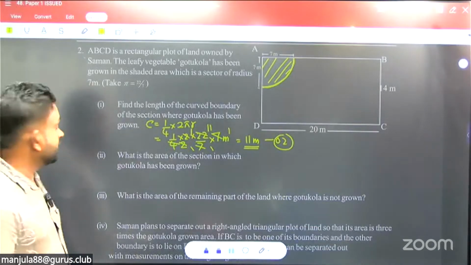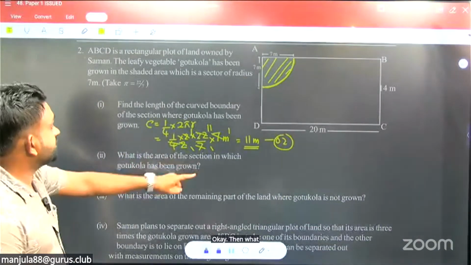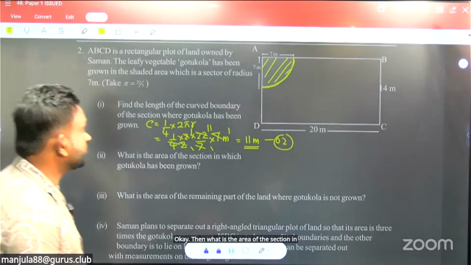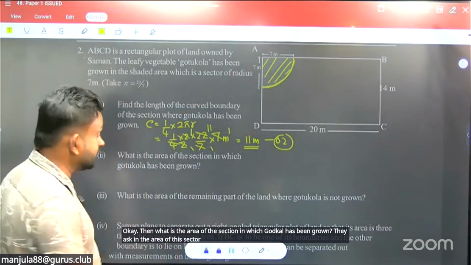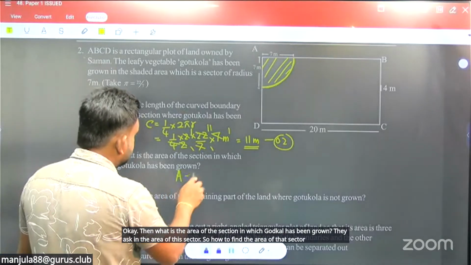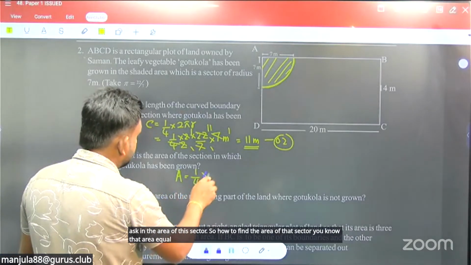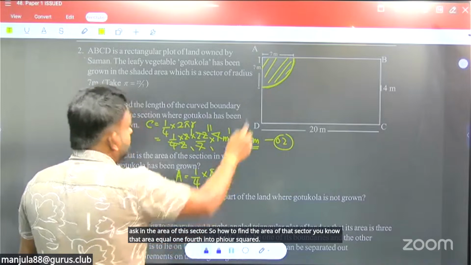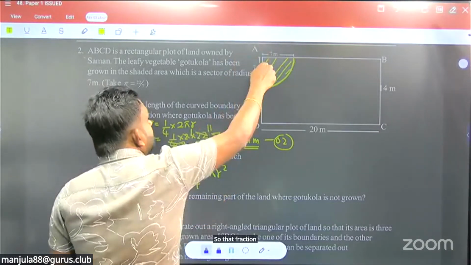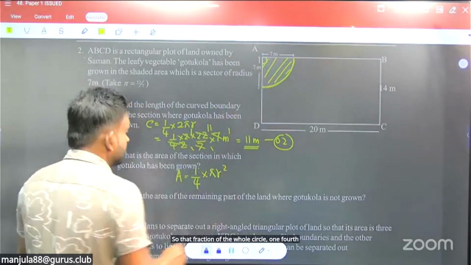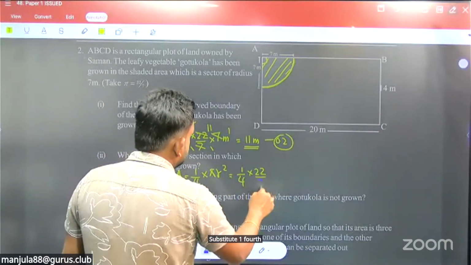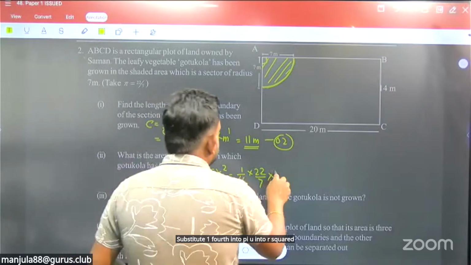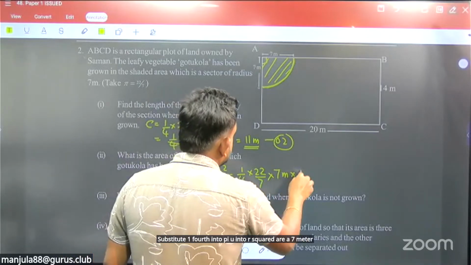Then what is the area of the section in which gotukola has been grown? They ask for the area of this sector. So how do we find the area of that sector? You know the area equals 1/4 into πR squared. That is the fraction of the whole circle, 1/4 when you see the 90 degrees. So substitute 1/4 into 22/7 into R squared, R is 7 meters into 7 meters.